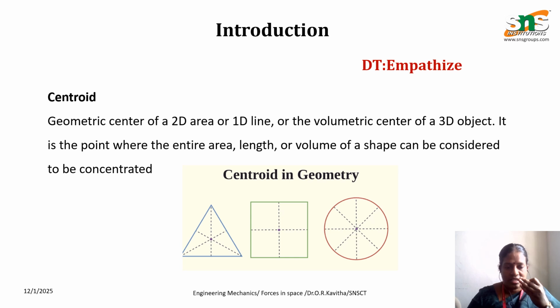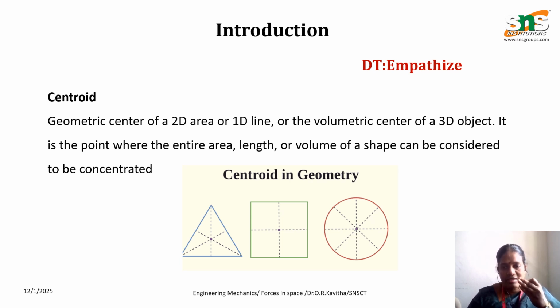If I take this triangle and join all the apexes, I will get a common point. This is the geometrical center. For this rectangle, this is the geometrical center.